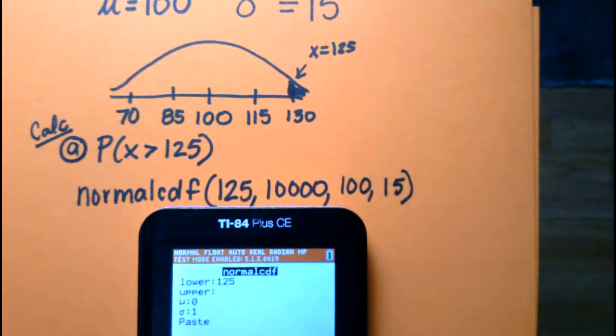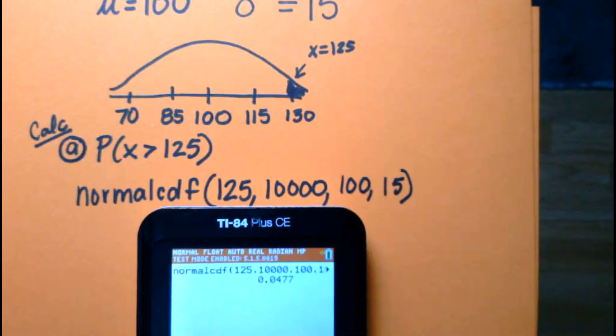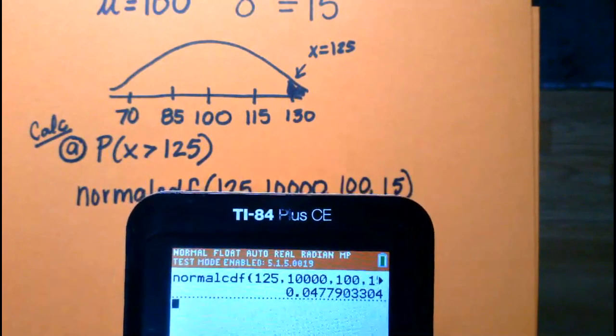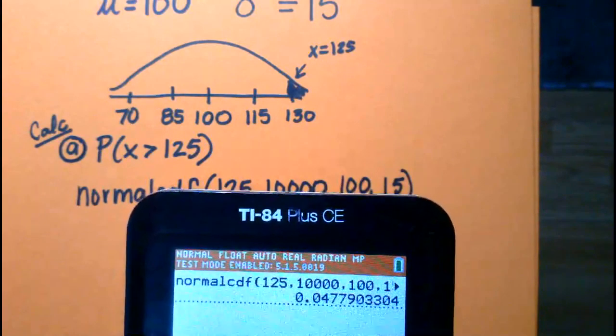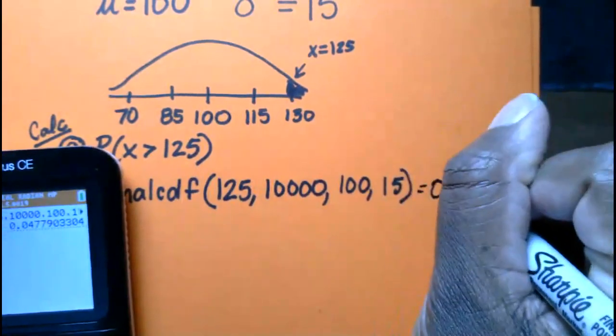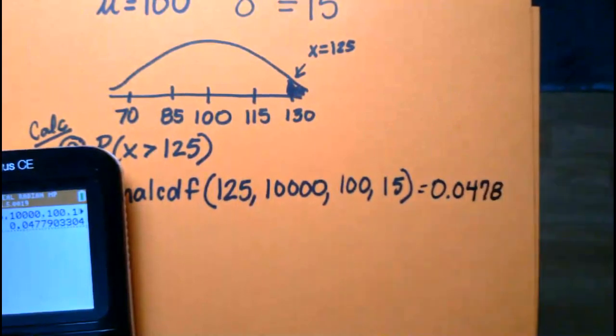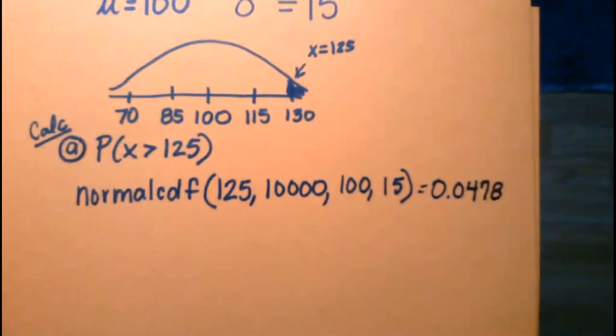So we have 125, greater than 10,000. 100 for our mean. Standard deviation 15. So our answer is 0.0478. We need 4 decimal places.